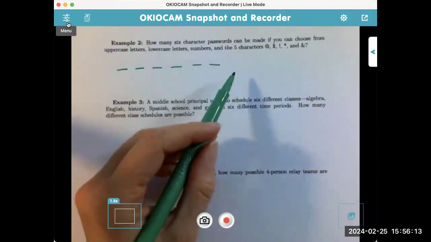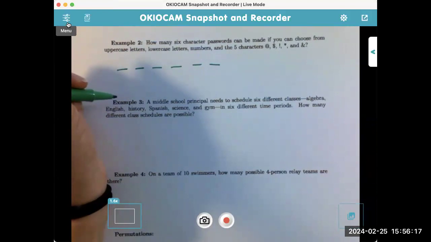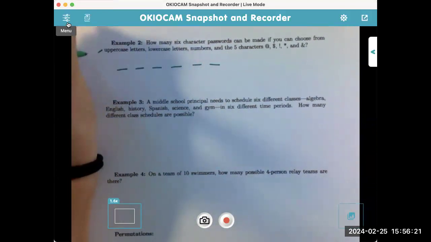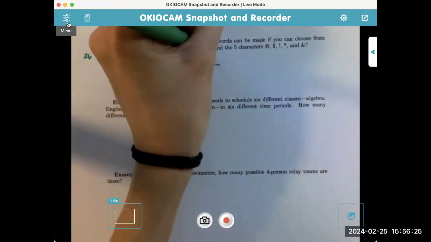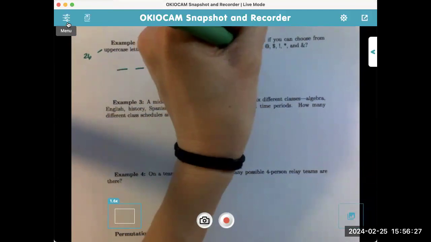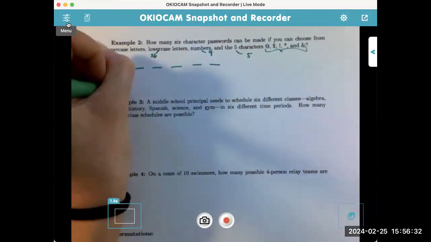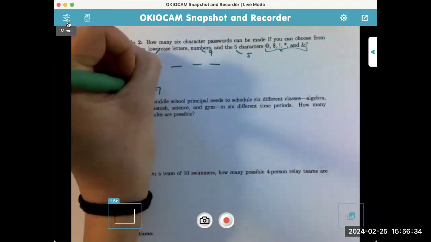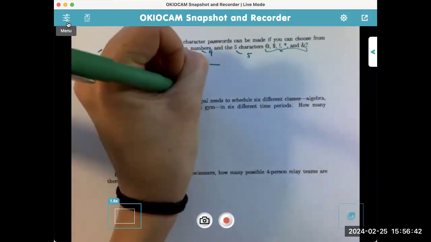So 6-character passwords. But how many options do we have? We can choose from uppercase letters, that's 26. Lowercase, that's 26. Numbers is 9. And these 5 characters, right? So that is 26 plus 26 plus 9 plus 5, which is a total of 67.